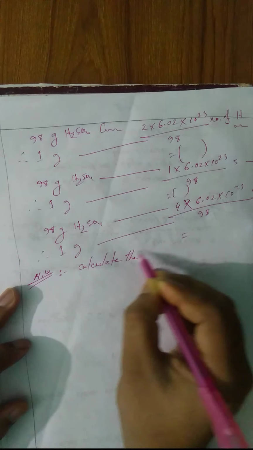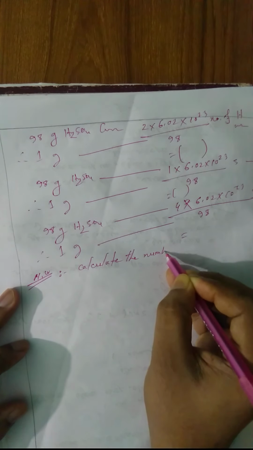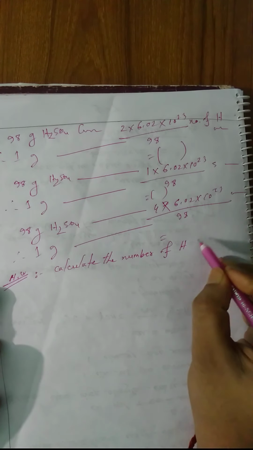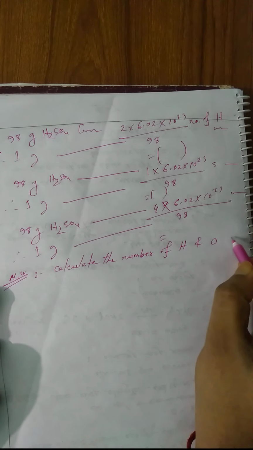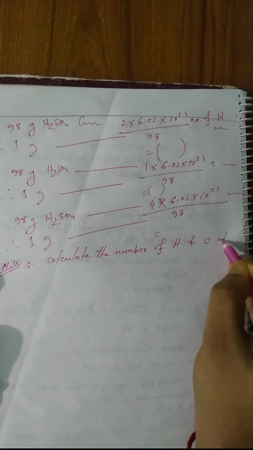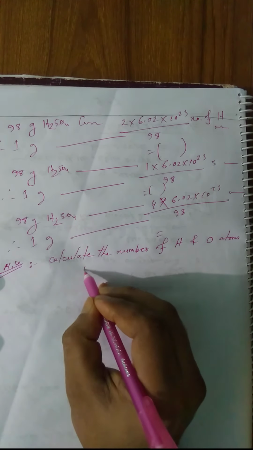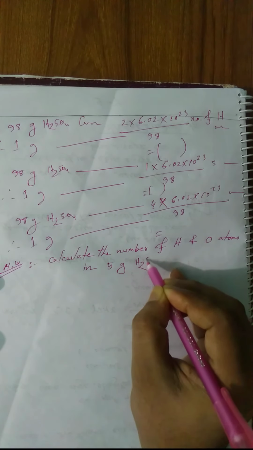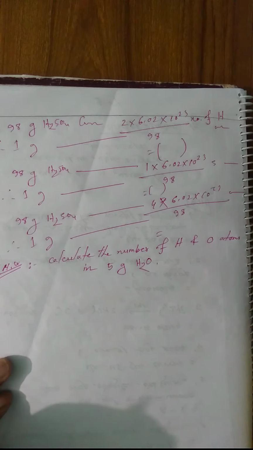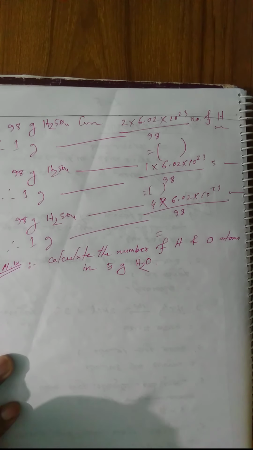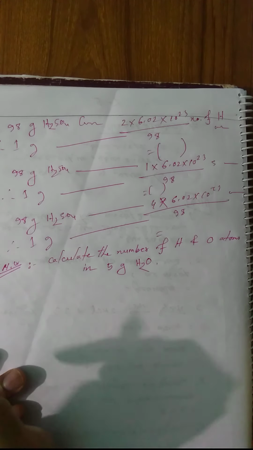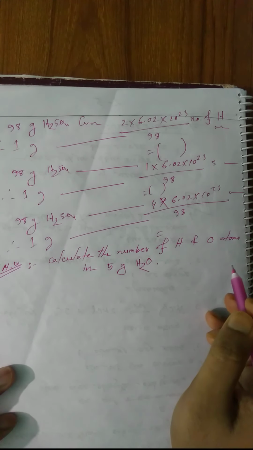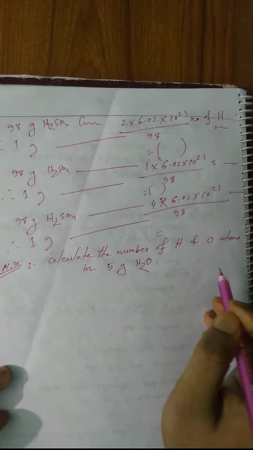Calculate the number of hydrogen and oxygen atoms in 5 gram H2O. This will be homework for you.